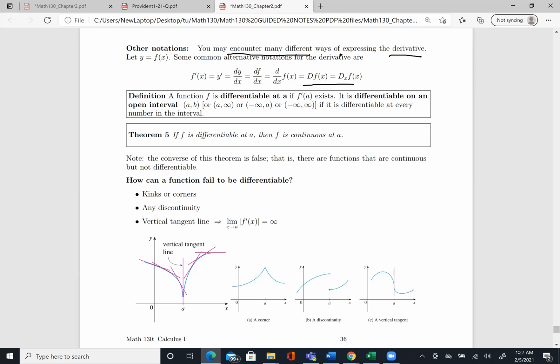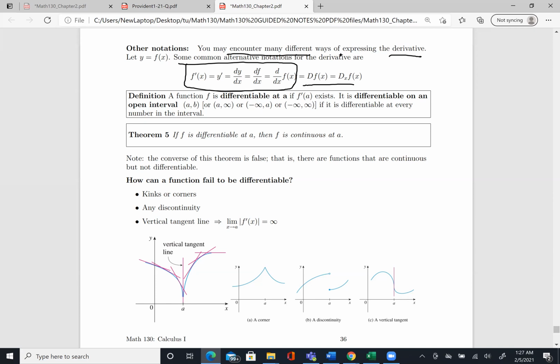Mostly you will see the ones from here to here, or you can include this one also. That's fine. But you've never seen something like d f of x and dx over there.